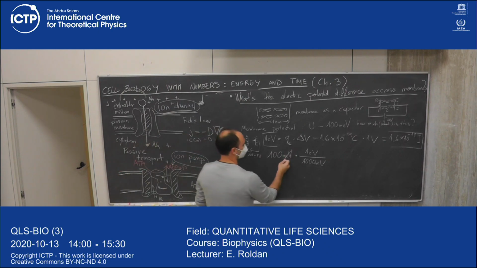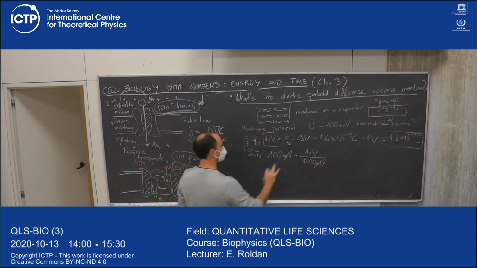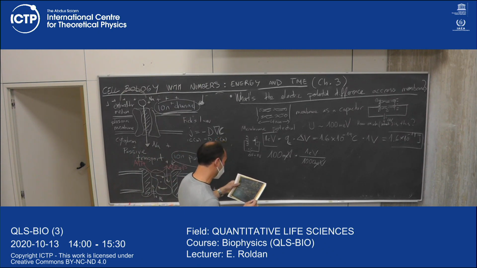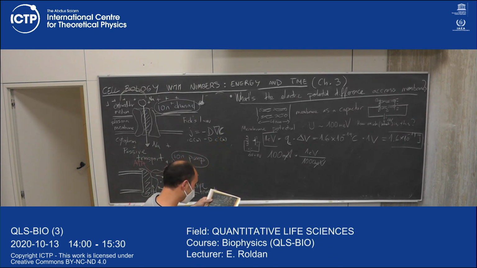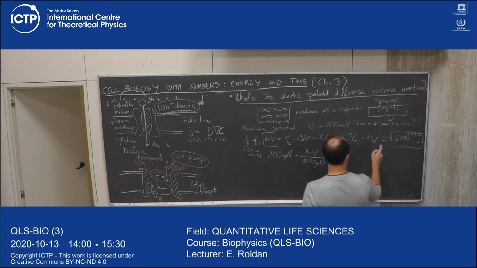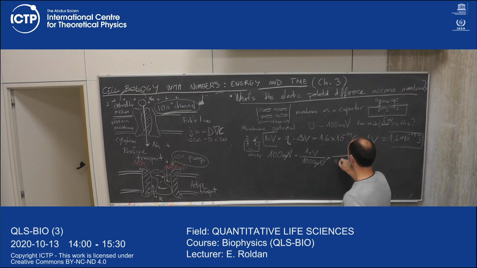So up to now we have 0.1 electron volts. Sorry, I'm making a big mess now. 0.1 electron volts. And now we can say that 1 electron volt, the unit of energy, is 1.6 times 10 to the minus 19 joules.